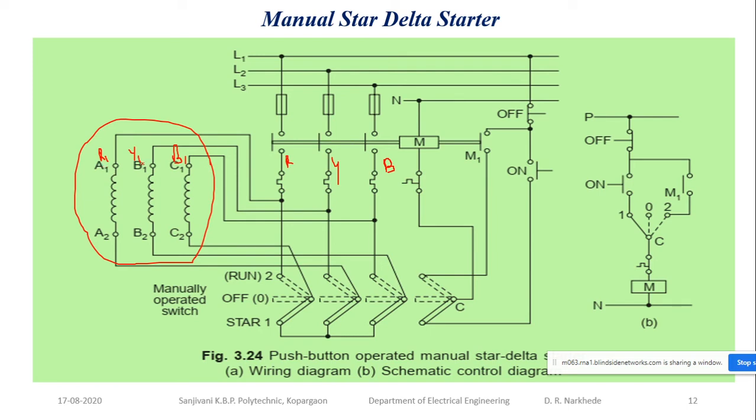R phase is connected to R1, Y phase is connected to Y1, and B phase is connected to B1. And these are your second terminals: this is R2, this is Y2, and this is B2.